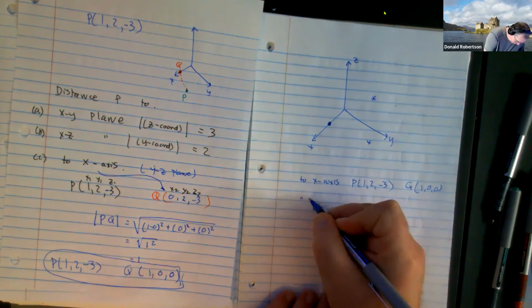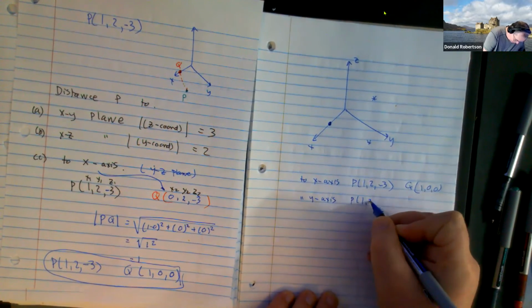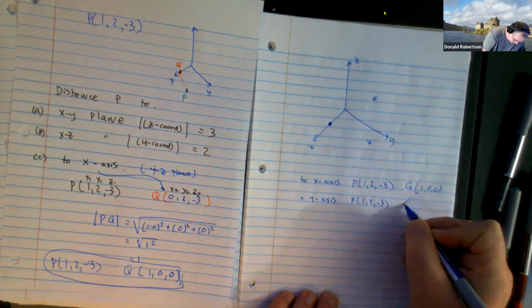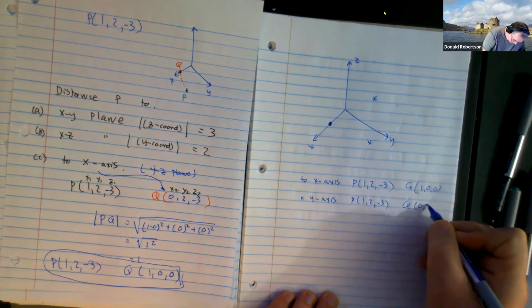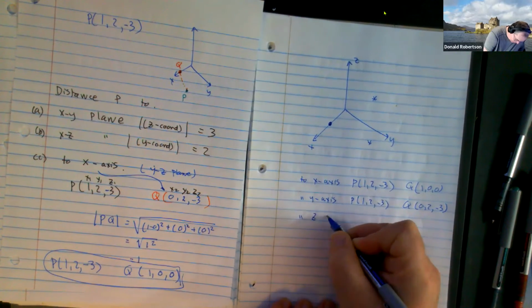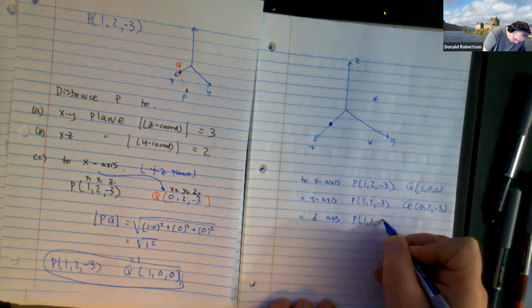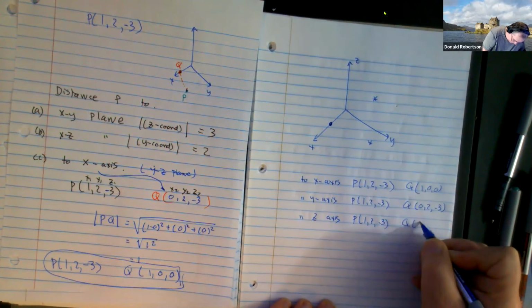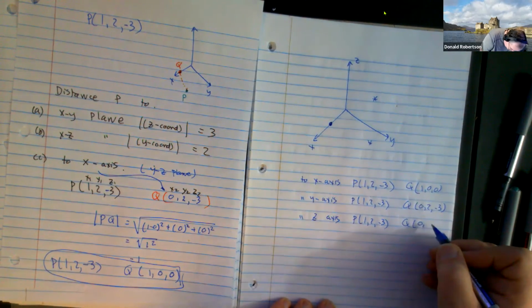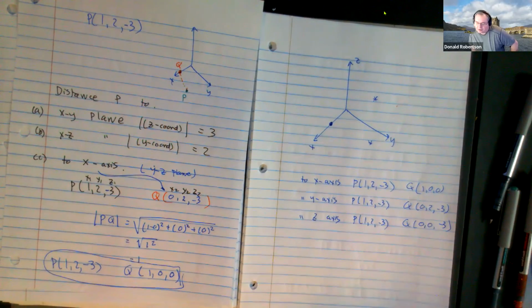If you want to find the distance to the y-axis, then don't you basically do that fella? And you want to do the z-axis. Does that make sense now?